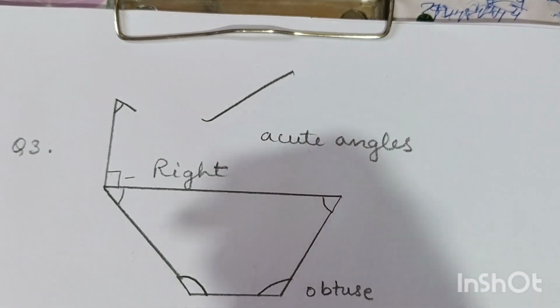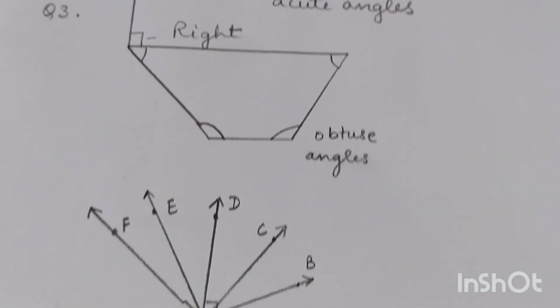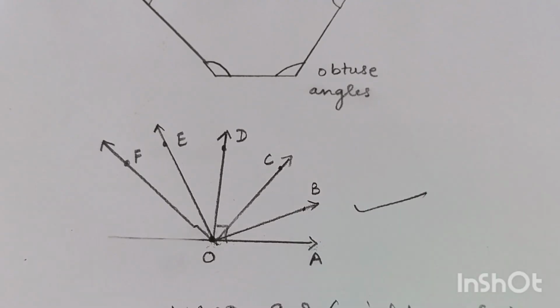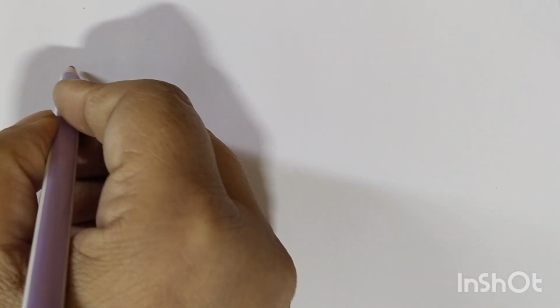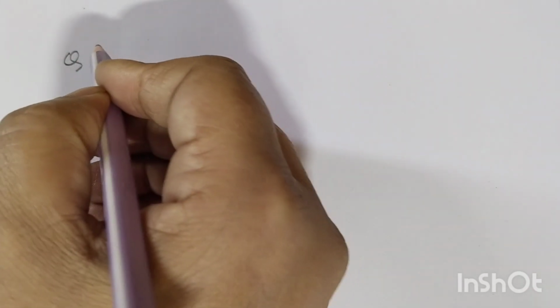This one is the accurate shape, and here you can get more than 2 or 3 acute or obtuse angles, right? Next question is question number 4.